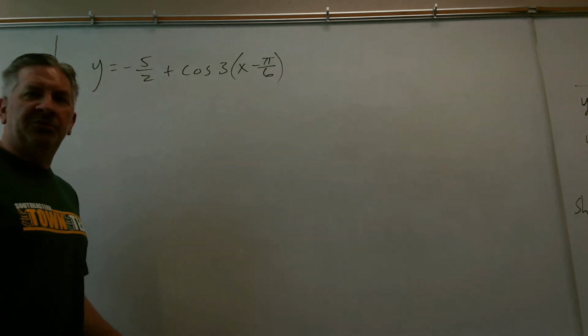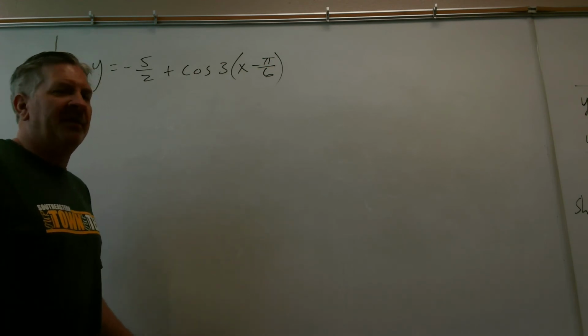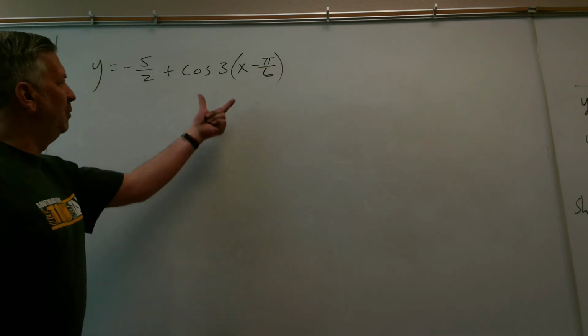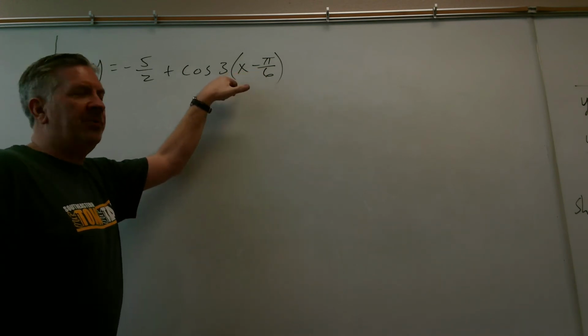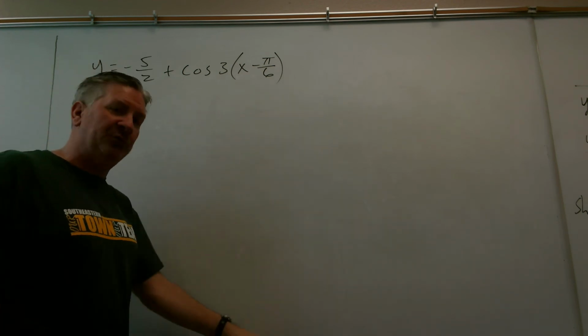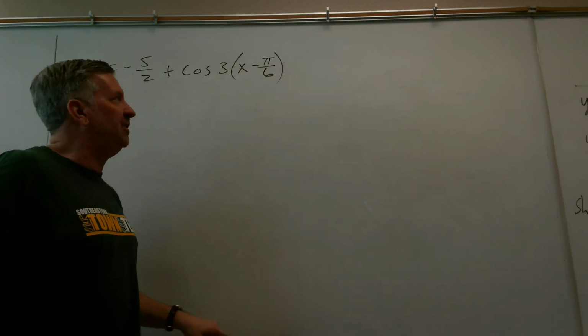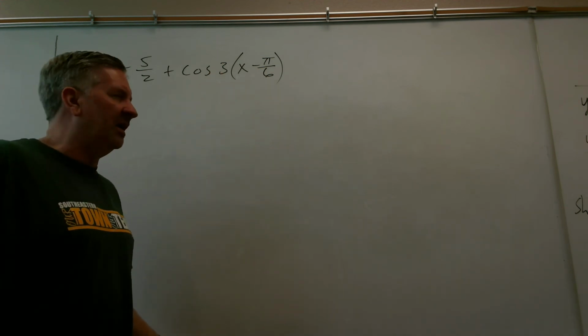Okay, so did you say to yourself, the first thing you need to check is, do we need to factor? That's the first step. Notice if you look here, the coefficient of the x inside the parentheses is 1. The 3 has already been factored out. So you don't have to do anything, but you have to check that step just in case you need to. So we don't actually have to do the factoring. It's already been done for us.